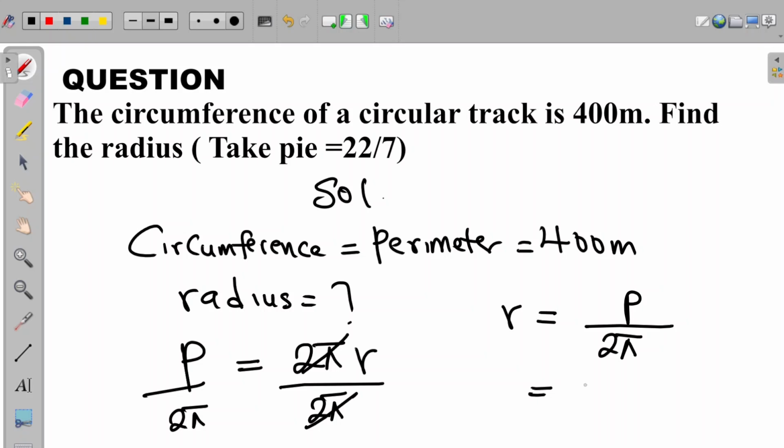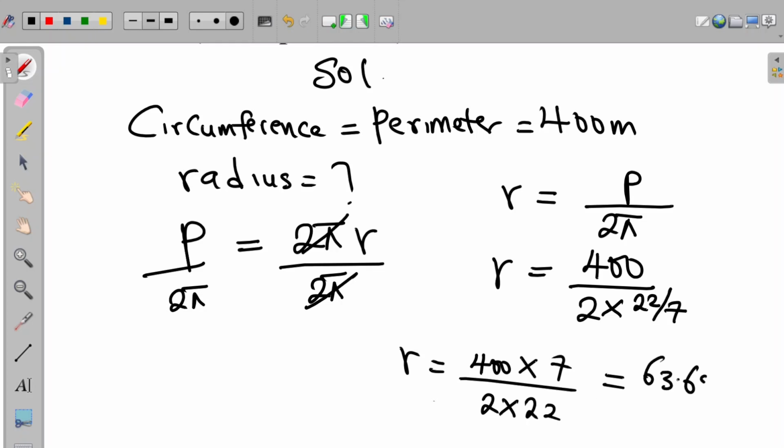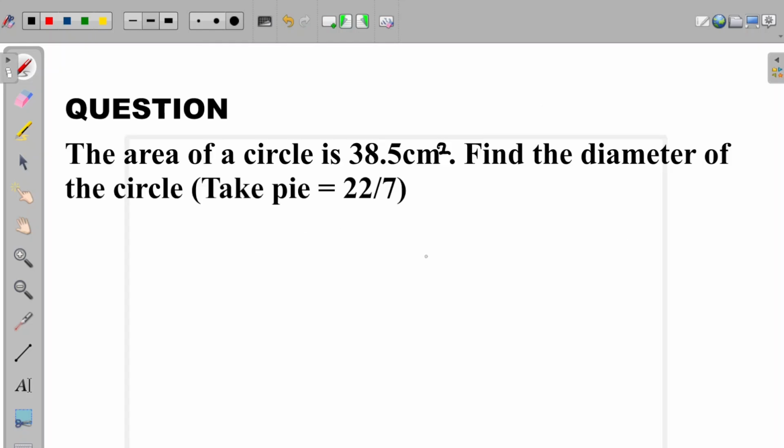Thus, the perimeter was given as 400 divided by 2, and our pi is given as 22 divided by 7. If we simplify the right hand side, we have that our radius r will be equal to 400 multiplied by 7 divided by 2 times 22. This gives us 63.64 meters.